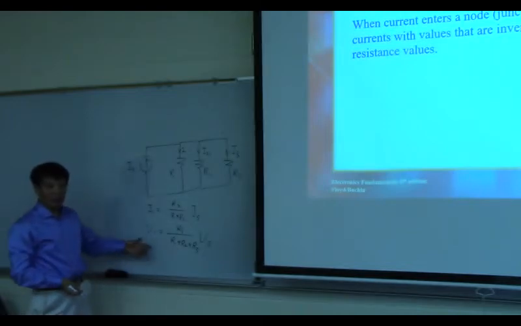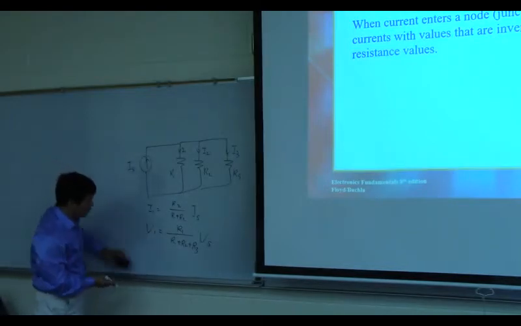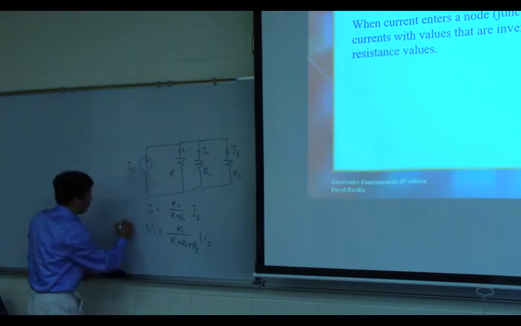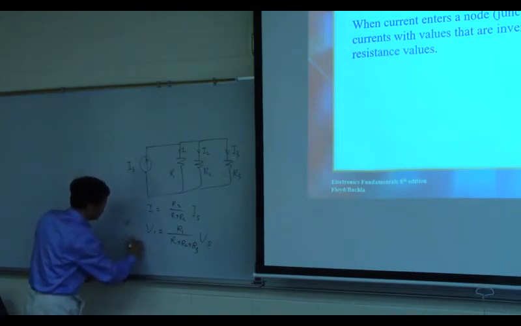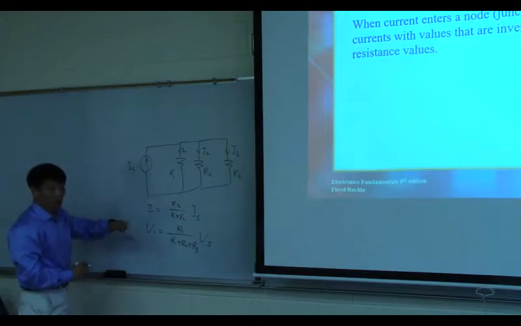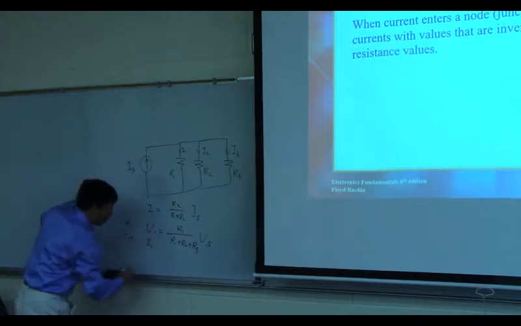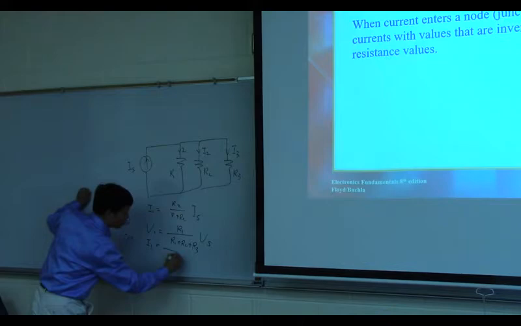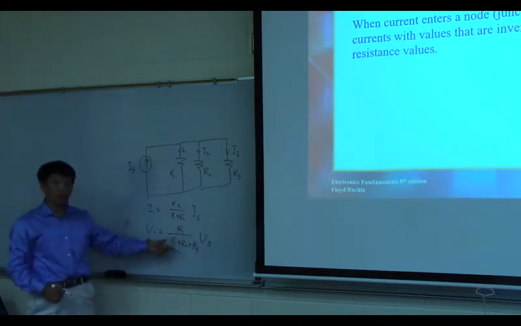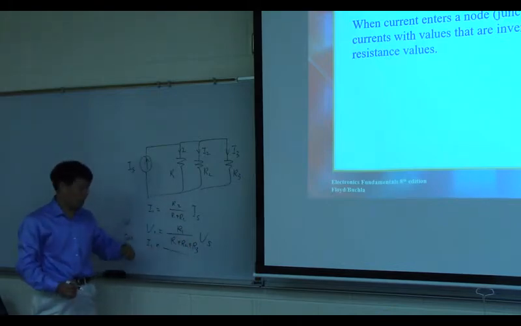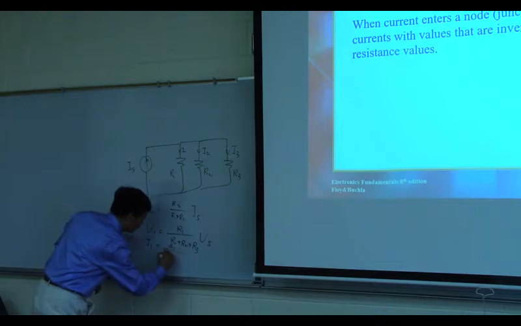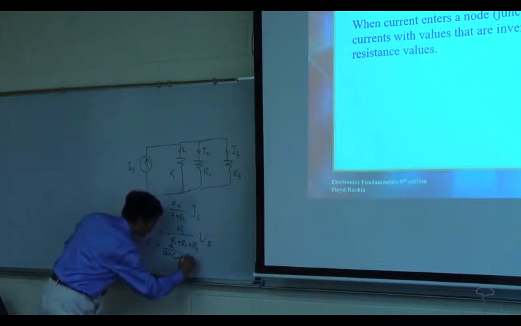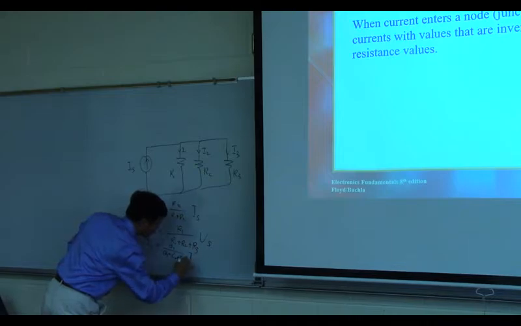But for current divider, we are looking for current. So this is a voltage divider, and then we discuss current divider for this parallel. This one will be I1 equals, we just replace all this R with G's. Still works. So this one will be G1 over G1 plus G2 plus G3, times Is.